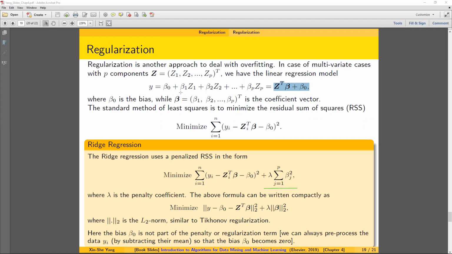So beta j squared covers all the different parameters that we're trying to estimate. Now we have this penalty term, each one based upon beta j squared, with lambda being the penalty coefficient. This is an L2 norm, which can be rewritten in this particular form.